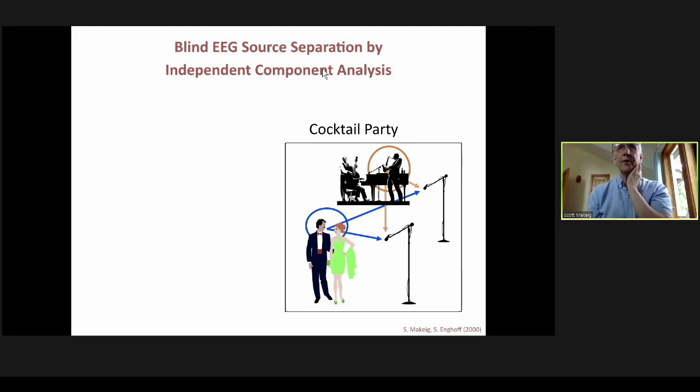And it was some French engineers who thought, well, it should be possible from these multiple recordings of that noise to find the individual sound sources simply by the fact that they are temporally independent of each other. That is to say, knowing the sound pressure level at time t in front of the man's mouth is going to tell you nothing about the sound pressure level at that instant coming from the man's saxophone.